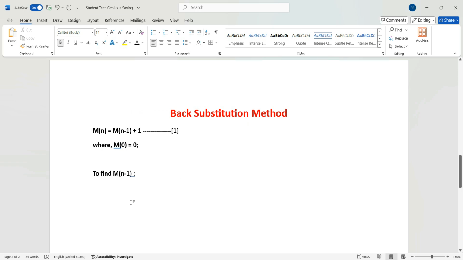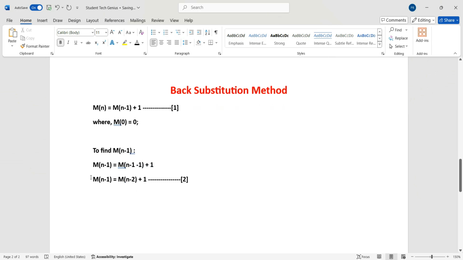So m of n minus 1 I got is m of n minus 2 plus 1.